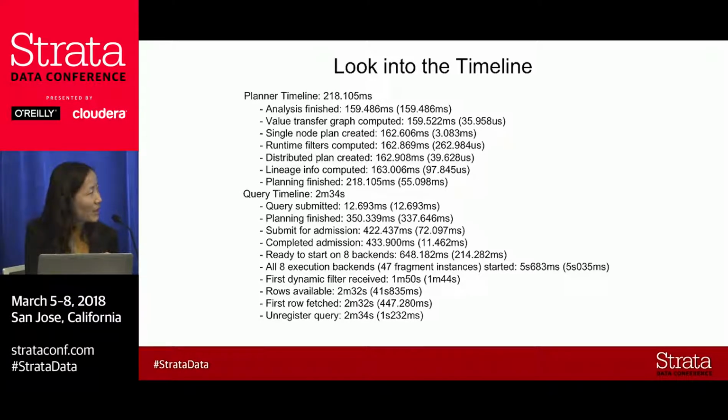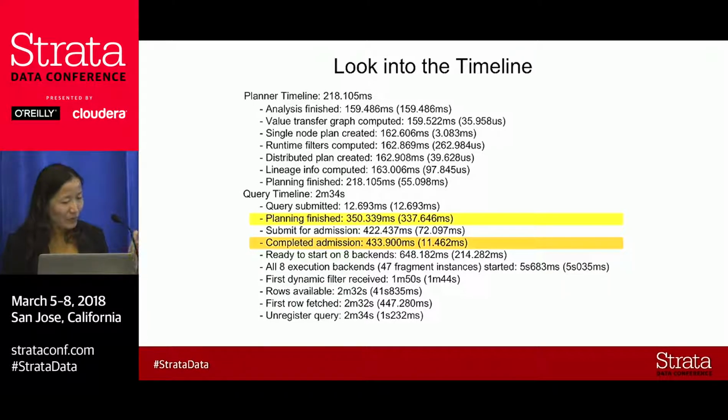In the query timeline part, there are several different phases after the planning finishes, and we will submit the query to admission control. In all the recent releases, admission control is always enabled, so you should always see the admission control time usage.